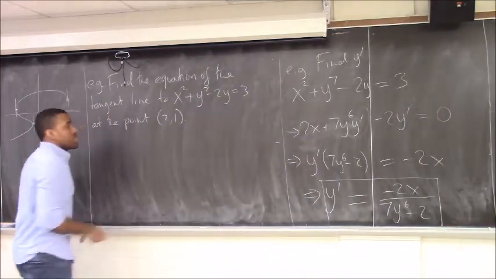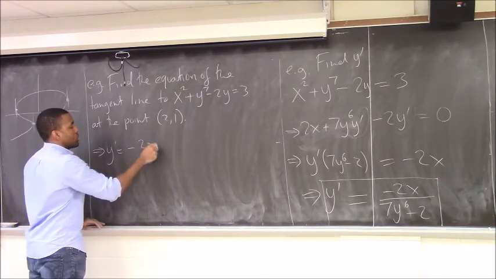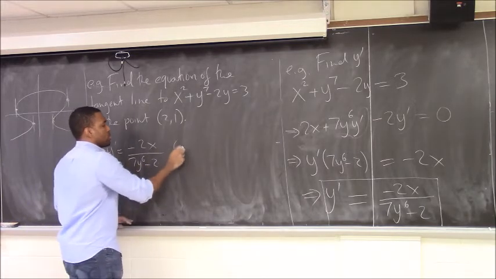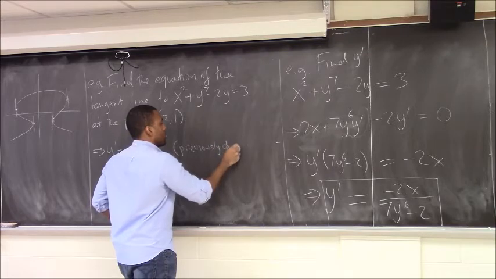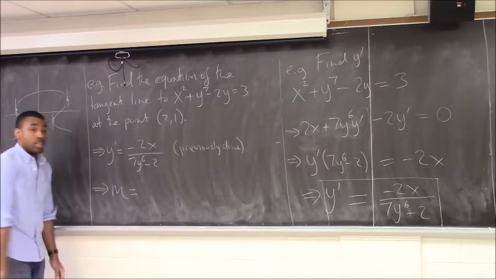So given this question, the first thing I would do is find the derivative. My y prime would be minus 2x divided by 7y to the 6 minus 2. This was previously done. Which would mean I actually know the m for my tangent line here. What would it be?